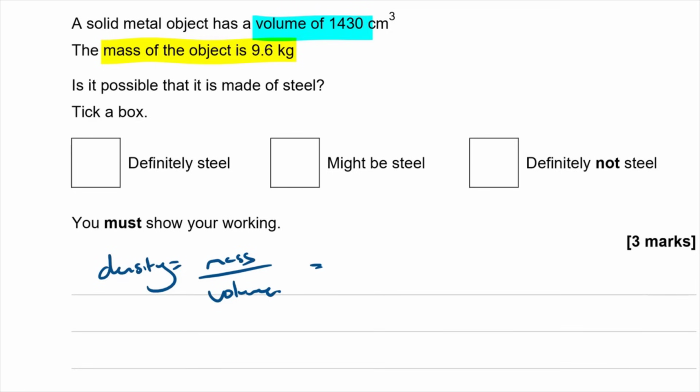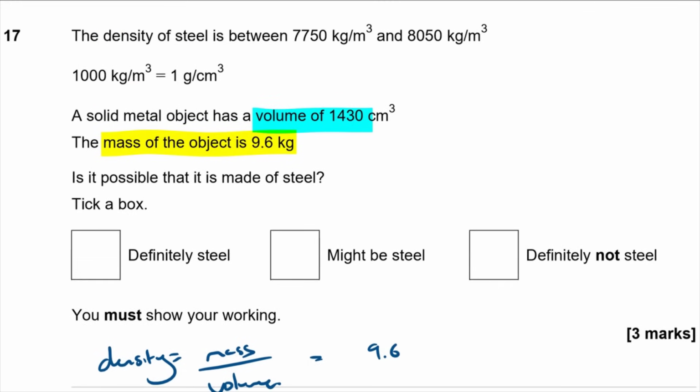So in this case the mass is 9.6 kilograms. Okay, that's not very helpful because this is in centimeters cubed and this is in kilograms. Let's convert this into grams first. So it's 9,600 grams. Then we can make a density in grams per cubic centimeters and then convert it.